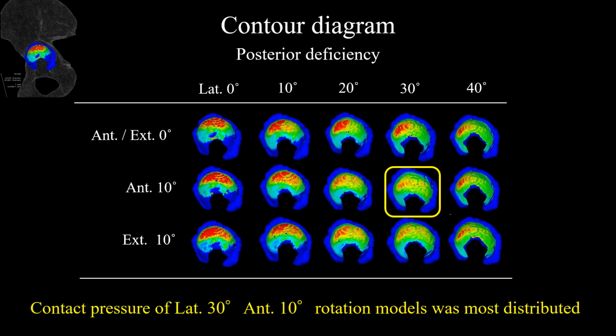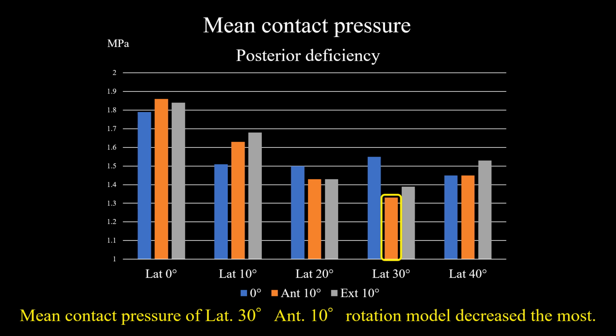This is the contact diagrams of posterior deficiency. Contact pressure of lateral 30 degrees anterior 10 degrees rotation models was most distributed. This is the mean contact pressure of posterior deficiency. Mean contact pressure of lateral 30 degrees anterior 10 degrees rotation model decreased the most.